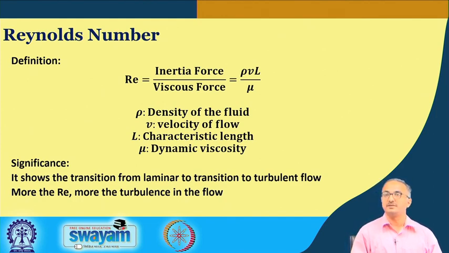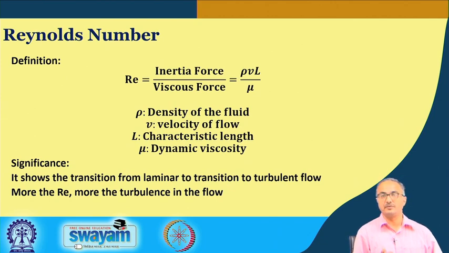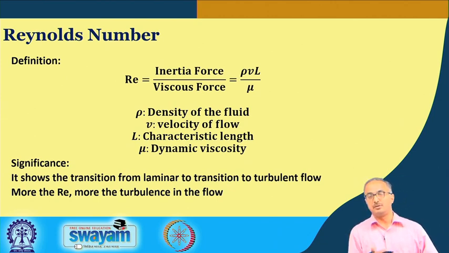Whenever the viscous effect is less, the fluid tends to have a turbulent flow. That means, whenever the viscosity is low, the fluid is going towards a turbulent regime. And you know that the nature of the flow dictates the heat transfer and the mass transfer rates. So, the heat transfer rate and the mass transfer rate increase as the flow becomes more and more turbulent.